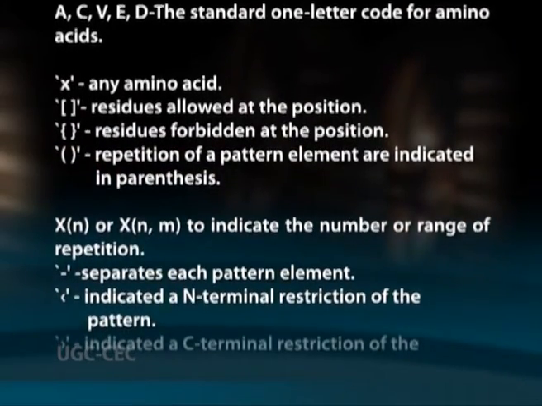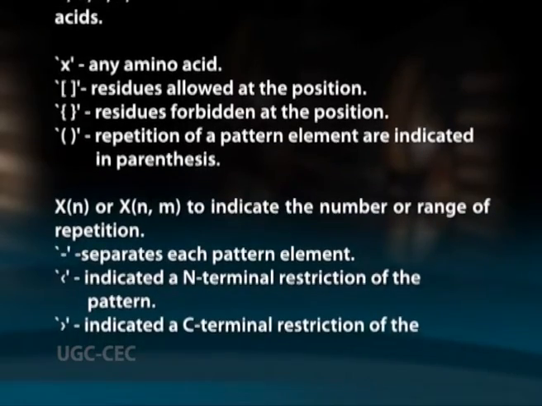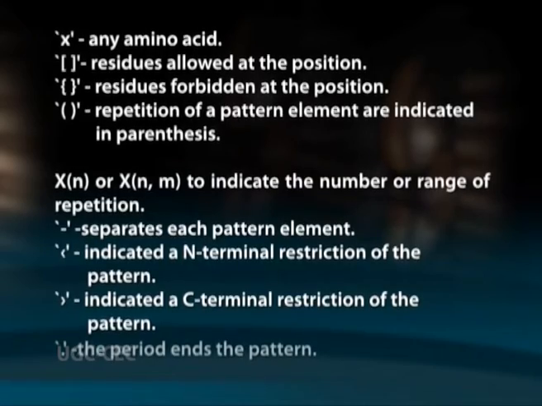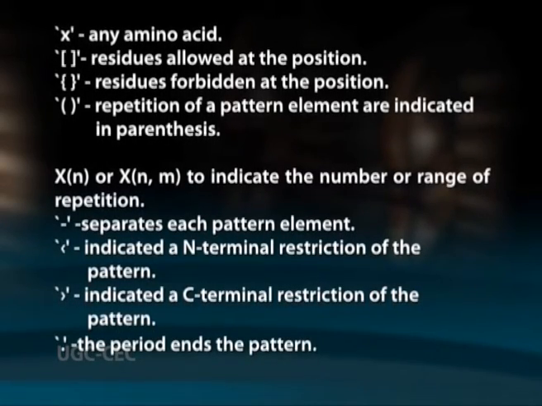Hyphen indicates the separation of each pattern element, and the less than symbol indicates an N-terminal restriction of the pattern, the greater than symbol indicates a C-terminal restriction of the pattern, and a full stop indicates that the period ends the pattern.